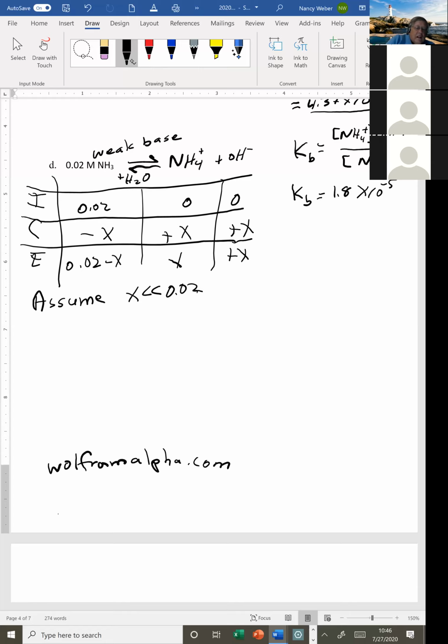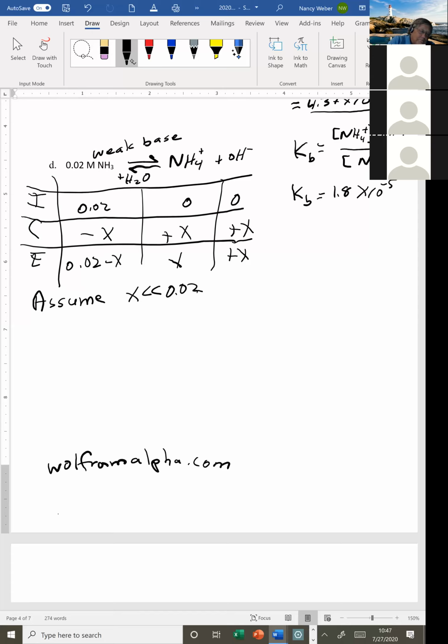It's close with this being minus 5, but that really puts the decimal place out of ways. If I don't make that assumption, what kind of problem do I end up with mathematically? Quadratic equation, and you have to use your quadratic formula. That happens and you have to work through the math, but if you can make that assumption, the math is much easier.